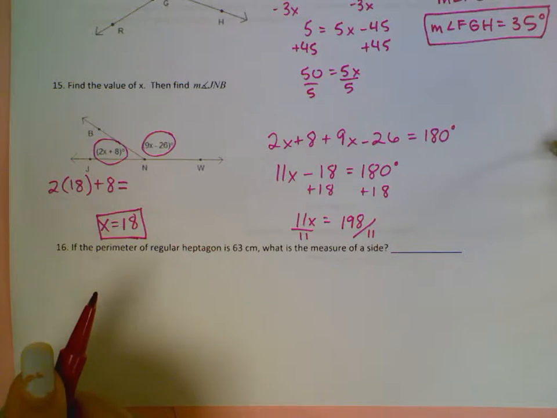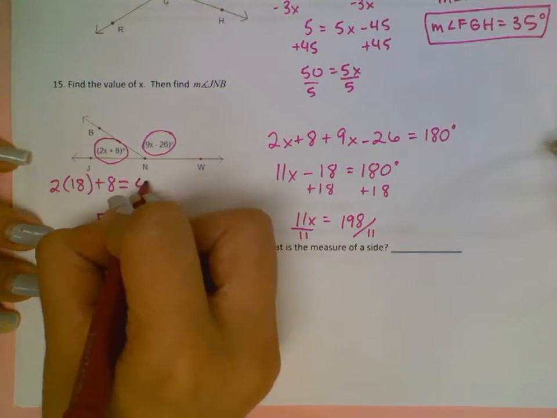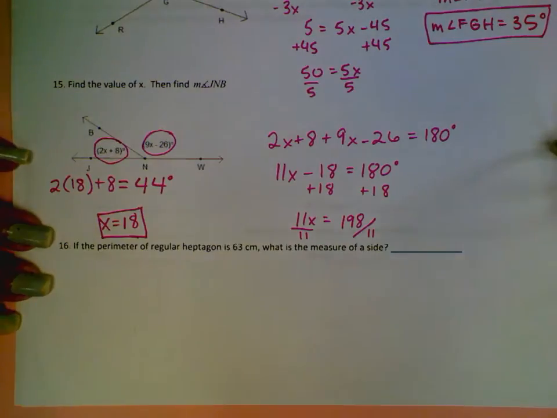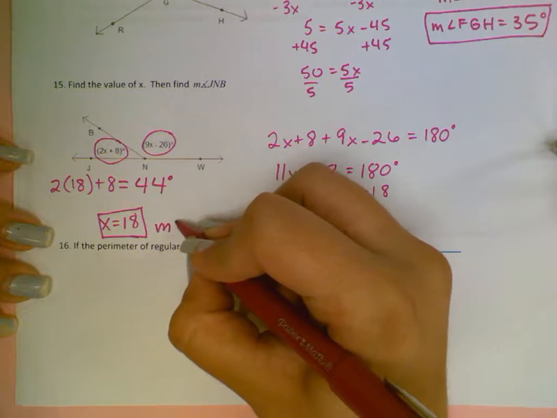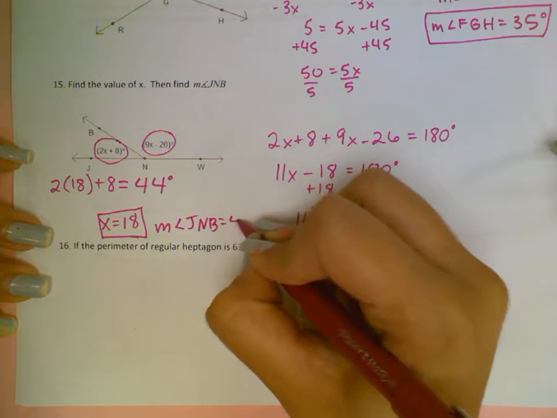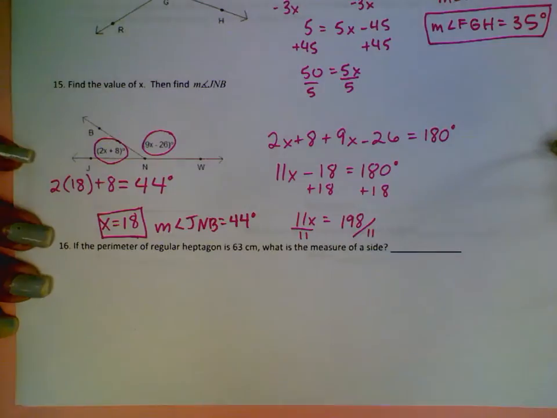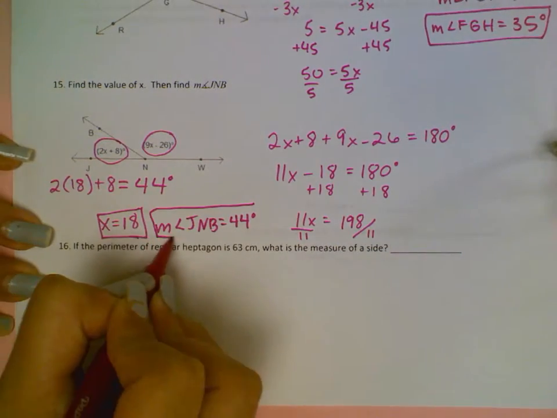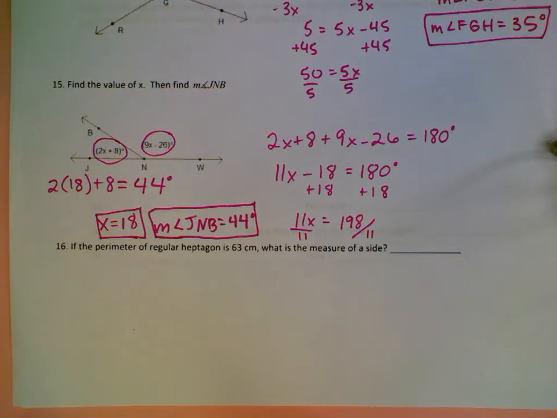So 2 times 18 plus 8 gives me 44 degrees. So I'll say the measure of angle JNB equals 44 degrees. And those are my two answers for this question here.